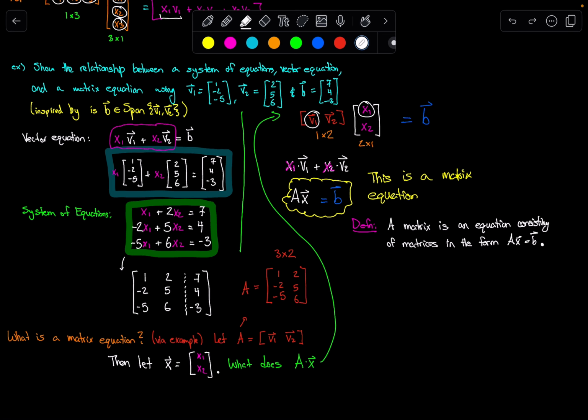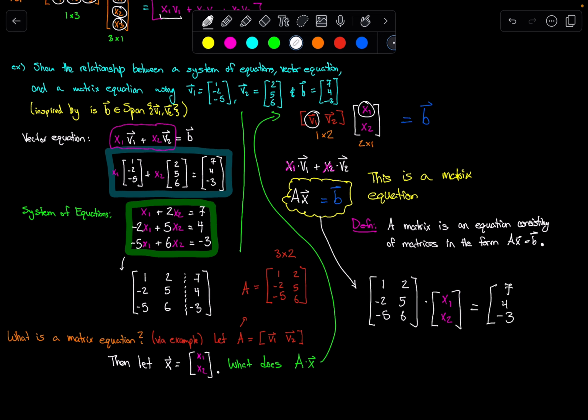It turns out that similarly, if A consists of those vectors, so this right here, if I write it as the little matrix 1, -2, -5, and then 2, 5, 6, times my little x1, x2, I keep saying I'm going to do the colors and I just get off track, equals my vector b, 7, 4, -3.